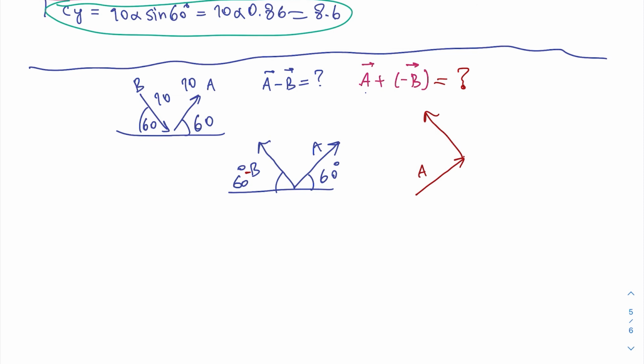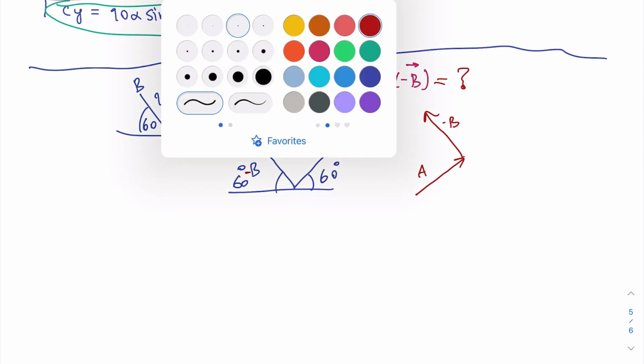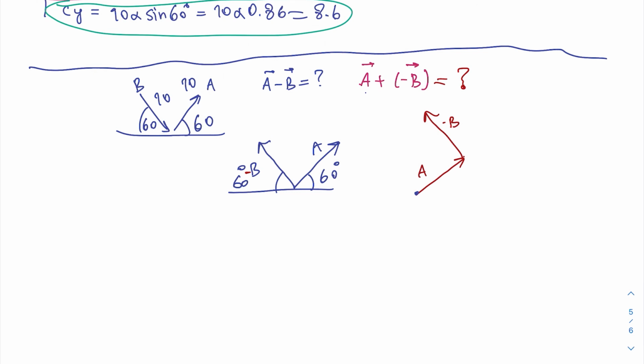So I will draw vector B here, minus B, and then from this tail to this head, this will be my vector A minus B. This is graphically easy, but I'm interested in finding the magnitude of this vector. Therefore, I would prefer to first break down each vector into components, and then add up components to see what is the magnitude of this vector.